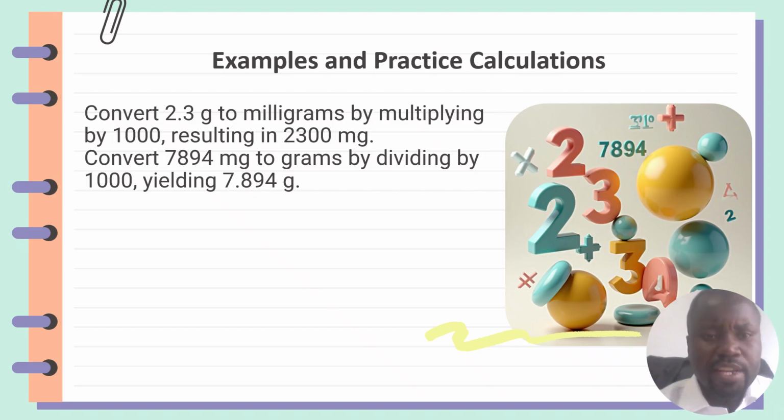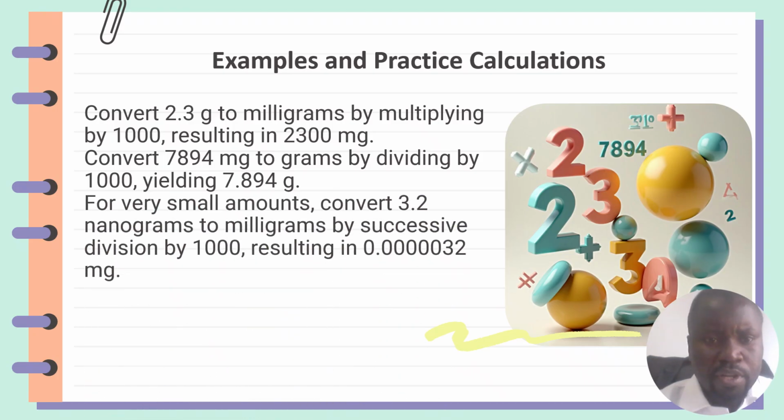Converting 7894 milligrams into grams: again there is a conversion of 1000, but we are moving from smaller to larger, so we divide by 1000. For very small amounts, converting 3.2 nanograms to milligrams, then by successive division by 1000, resulting in that.